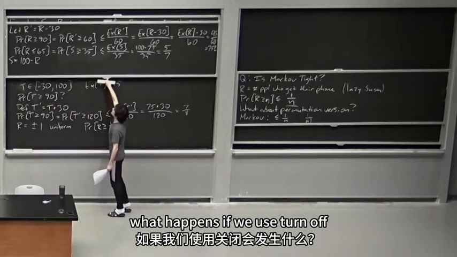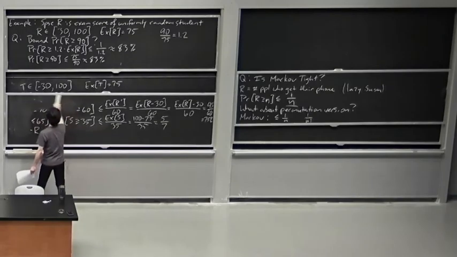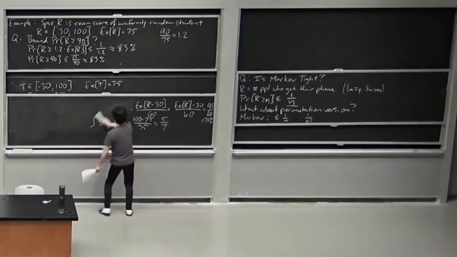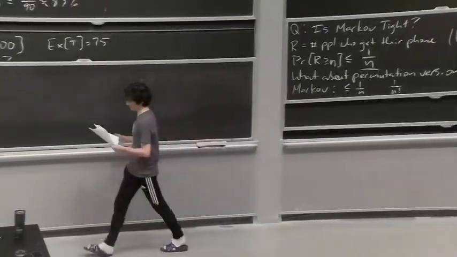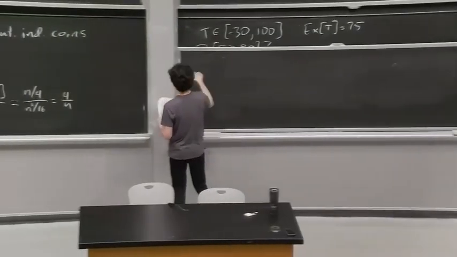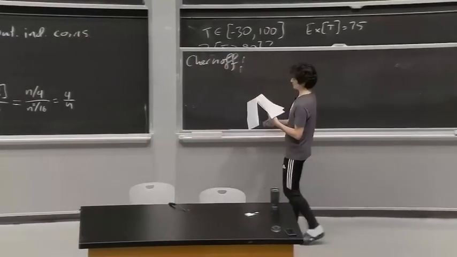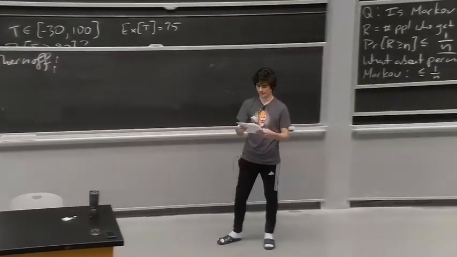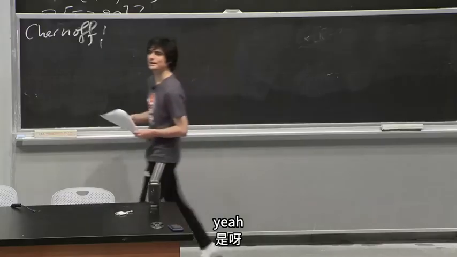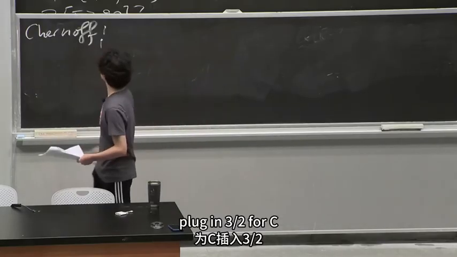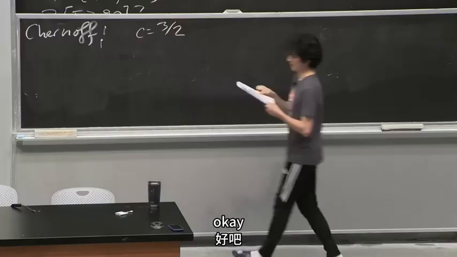What happens if we use Chernoff? Any ideas? Yeah, plug in 3/2 for c. So c equals 3/2.